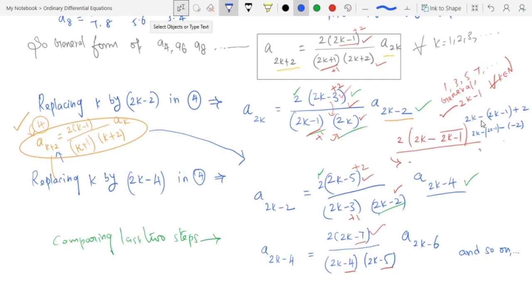Both are the same. That means 2k, taking minus common for both, minus of remaining 2k minus 1, minus common out, so remaining minus 2. That is 2k minus 1 minus 2, that is minus 3. Or we can rewrite as 2k minus of 2k minus 3 bar instead of the bracket. Now you can write the first term of the denominator, that is 2k minus 3 bar.